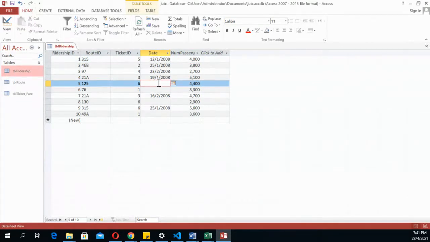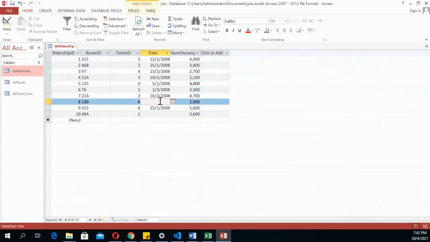So this would be 5/1/2008, and so on. As I said, the dates were deleted because of the whole formatting issue, so I had to re-enter the dates. All right, so that's it for that.